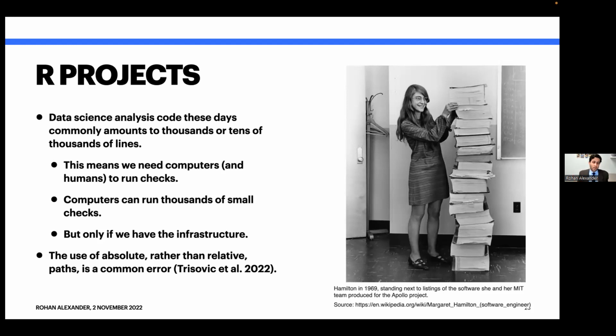Anna Trezovic, who is at Harvard, has just recently completed a study where she went through the Harvard Dataverse and grabbed a whole bunch of the R code that had been uploaded and tried to rerun it. So this is the other person running code at a different time. And she basically found that one of the most common errors she ran up against was the use of absolute rather than relative file paths.